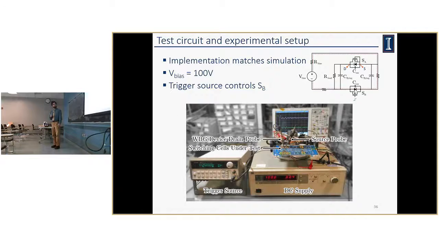We drove these test circuits with the same effective experimental circuit as described in the simulation, where the bias was in this case 100 volts, and the control of the bottom FET was done through a trigger source, a function generator. And then we observed the ringing across the drain source of the upper FET, as in the simulation.